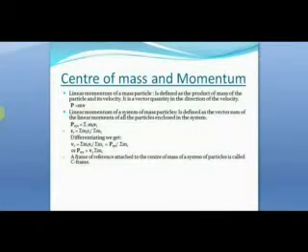There is one more thing. A frame of reference attached to the center of mass of a system of particles is called the C frame. So if the origin of the frame of reference is at the center of mass in a system of particles, then that frame of reference will be called C frame.